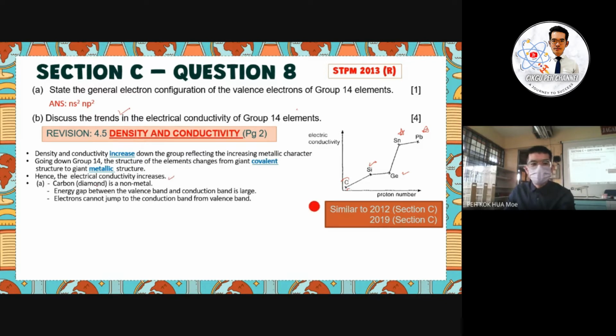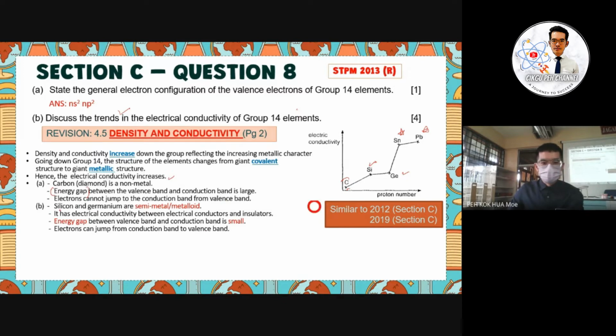Firstly, for carbon, the example is diamond. It is a non-metal, so the energy gap between the valence band and conduction band is large, so the electron is not able to jump to the conduction band from the valence band.